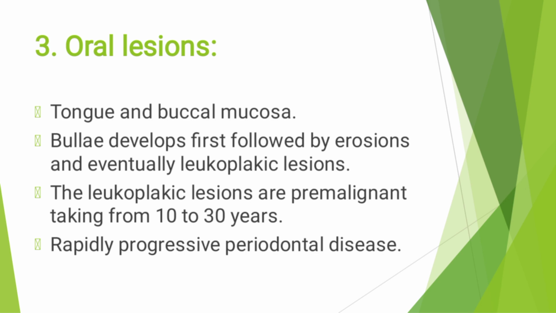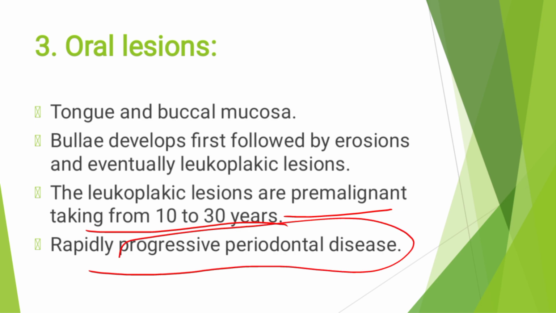So the bulla develops, then there is erosion, and then a leukoplakic lesion. We know this lesion is pre-malignant. It is present for 10 to 30 years, then it rapidly progresses to periodontal disease.